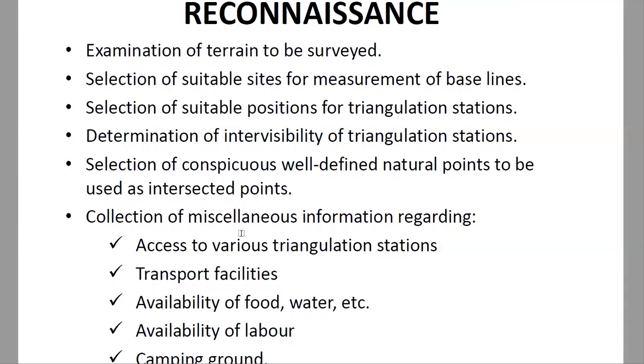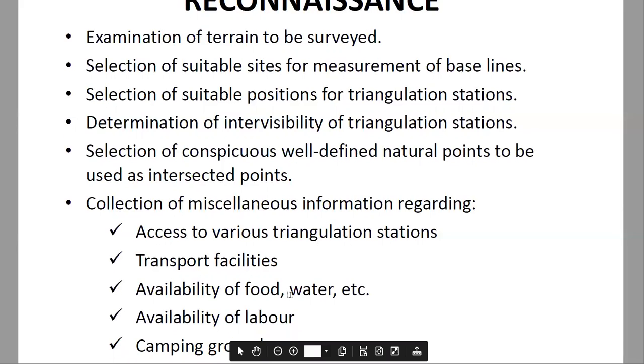Now, collection of miscellaneous information. What other things do we need? Access to various triangulation stations. We are not supposed to fix triangulation stations at inaccessible points or regions. There should be transport facilities, availability of food, water, etc. Why do we need food and water?